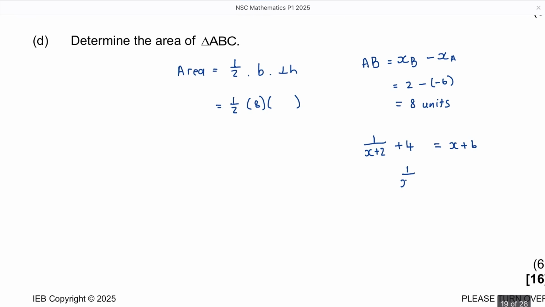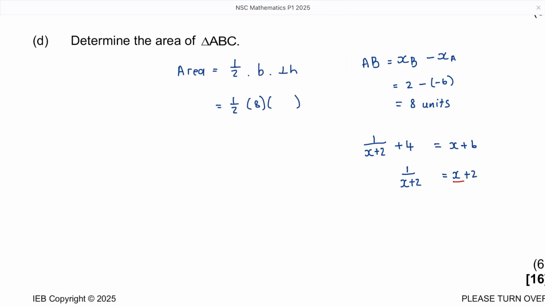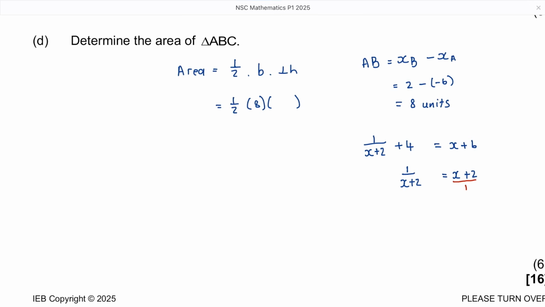I would simplify this a little bit before I get rid of the fraction, so this now becomes x plus 2. Okay. Then it's important to remember that you can cross multiply if you've got one fraction on the left and one fraction on the right. So this becomes twice the bracket and equal to 1. So I've cross multiplied like this.